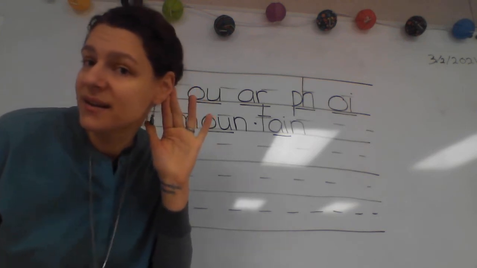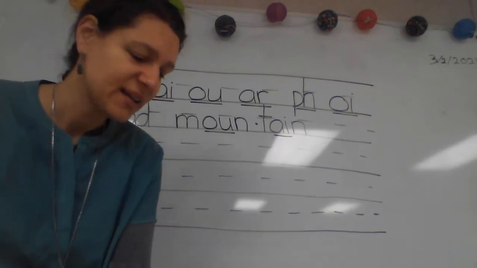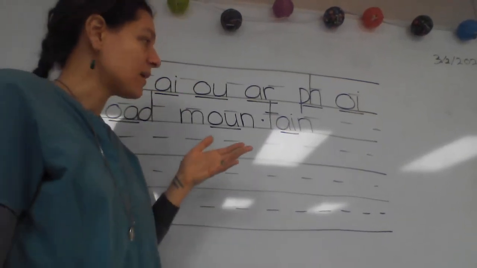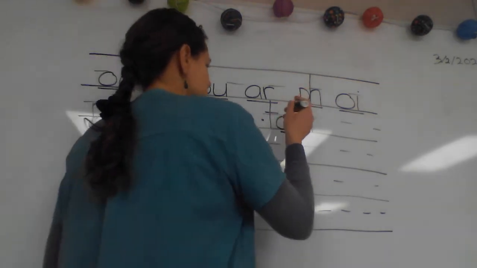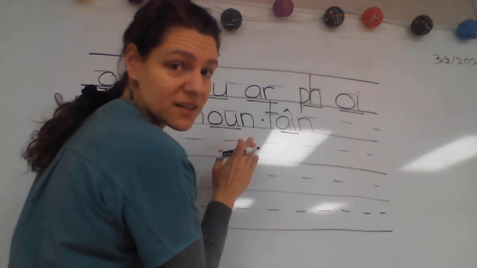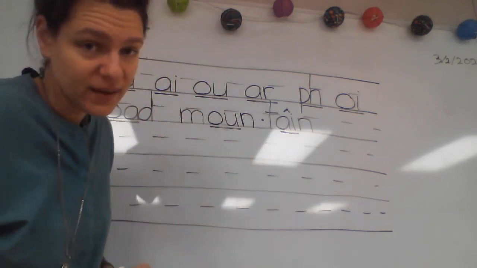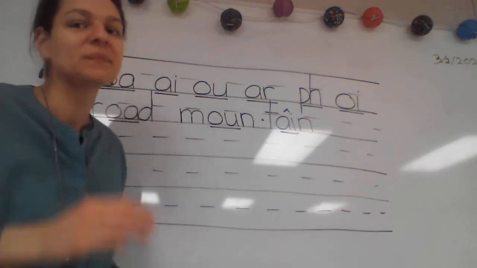What is it? Good. It's our A, right? Because our A, when we say mountain, it's making more of an eh sound, which of course, that's not its usual sound. So one more time, class, to spell this word, what do we say? Good. Mountain. When we're talking, what do we say?